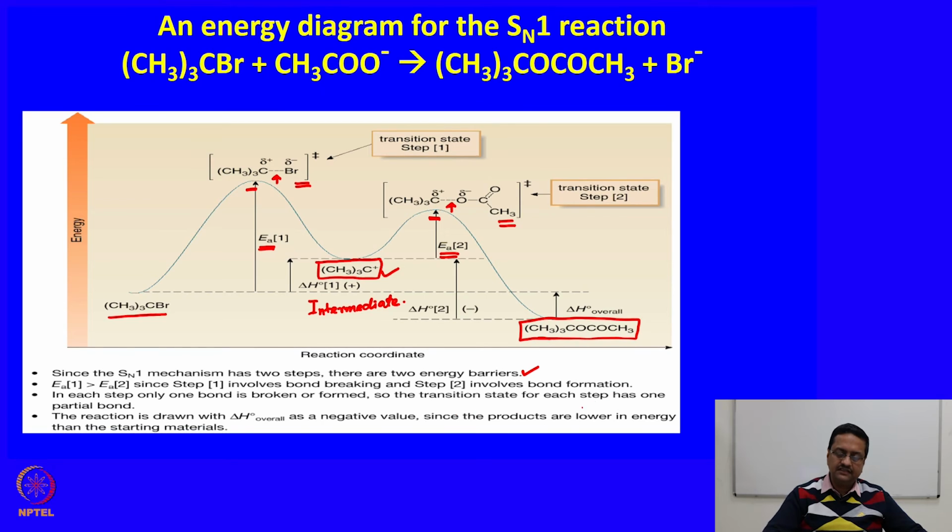So, the transition state for each step has 1 partial bond, unlike the SN2 reaction, where you have 2 partial bonds. The reaction is drawn with delta H naught overall as a negative value, which is the energy difference between the starting alkyl halide and the final product.